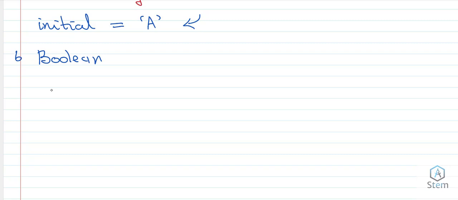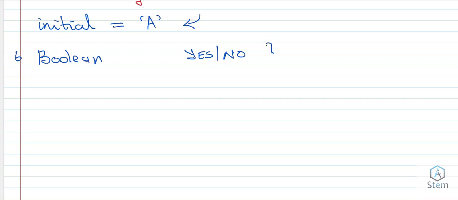So, Boolean is a data type which can only store two values, a yes or a no. And we are going to spice things up a little bit in programming. Instead of saying yes, we are going to say true. And instead of saying no, we are going to say false. So Boolean is used in yes, no situations.